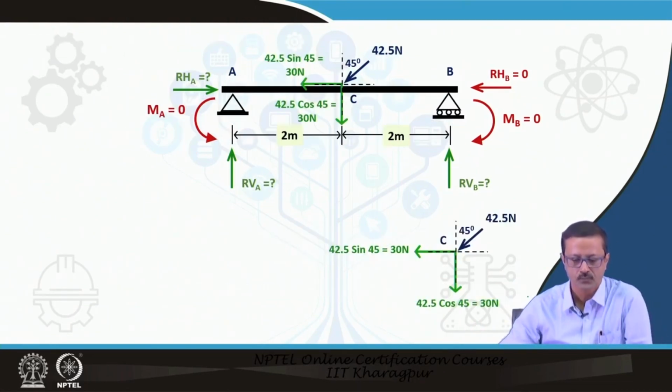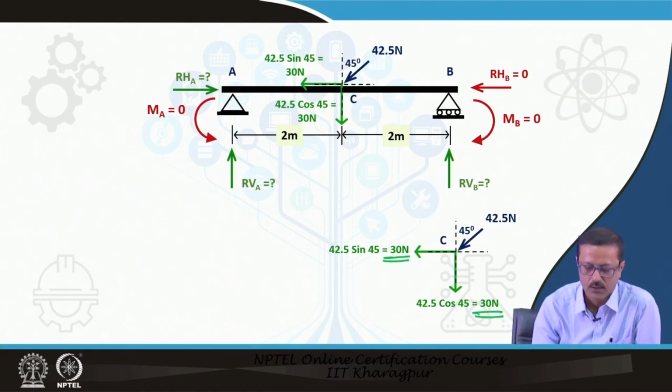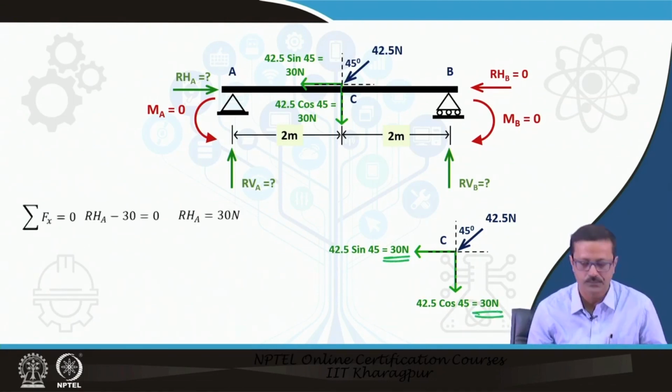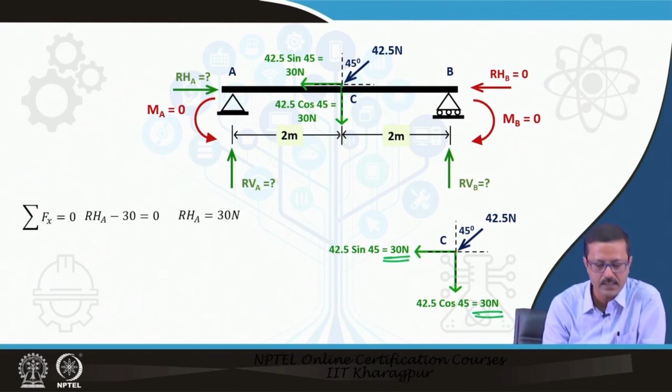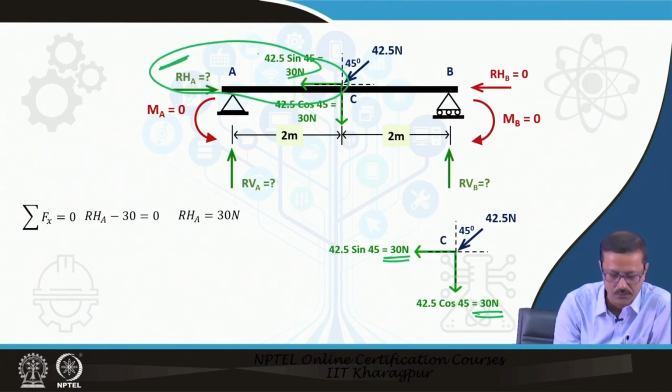Let us solve it. So, this particular 42.5 kilonewton force is now resolved at 45 degrees. So, I got the sine component and the cos component, 30 and 30 at this particular point. So, I may say that in the Fx direction, sigma R_HA plus this 30 must be equal to 0.